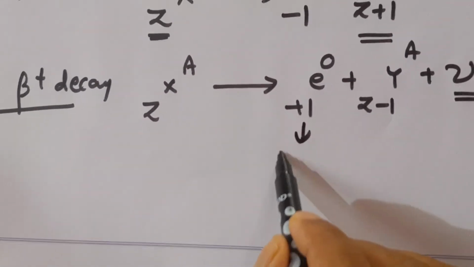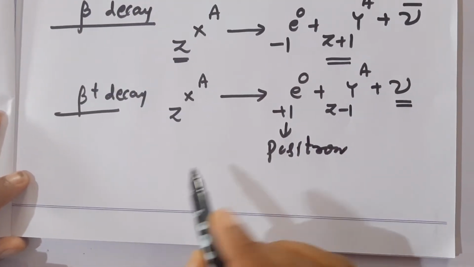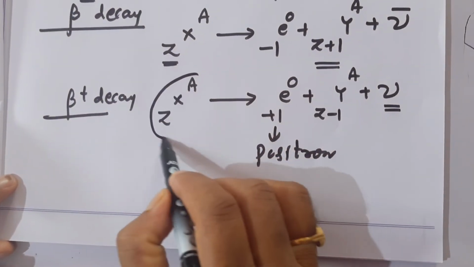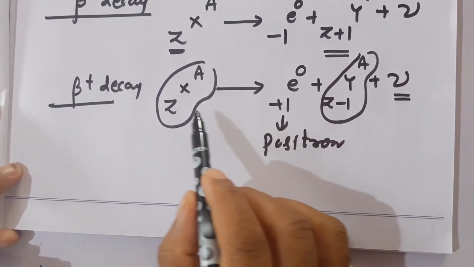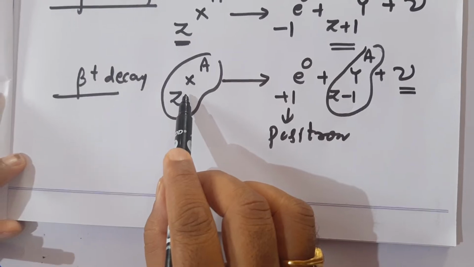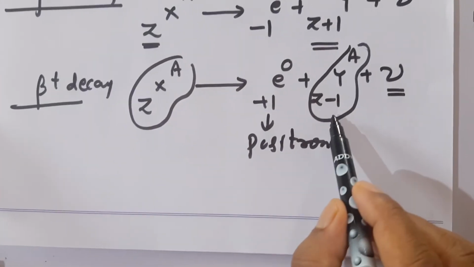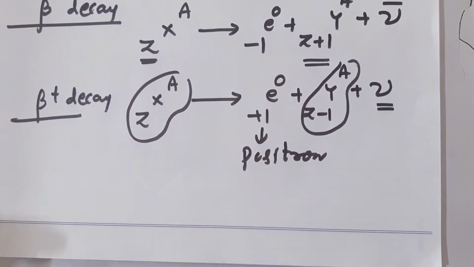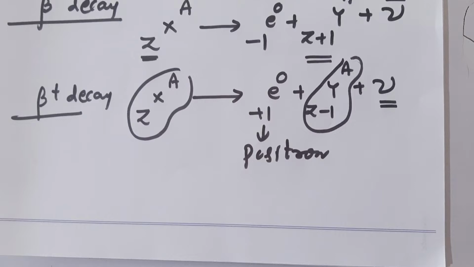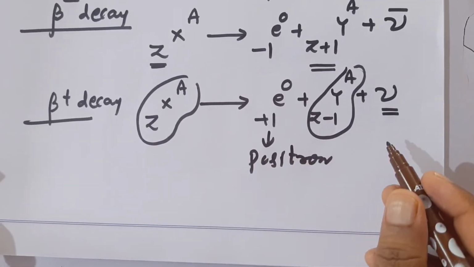This is the parent nuclide and this is the daughter nuclide. When the radioactive element emits the positron or beta plus particle, the atomic number decreases by 1 unit, but there is no change in the mass number. So this is the beta plus decay.